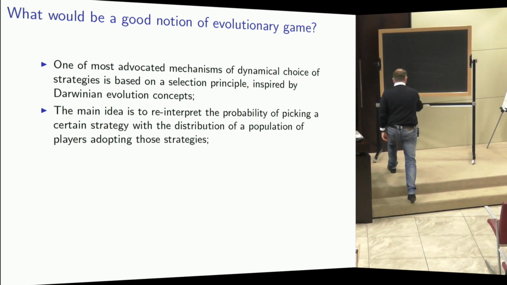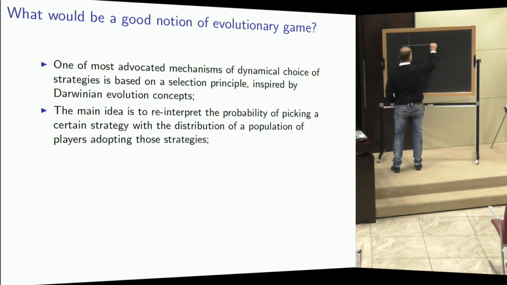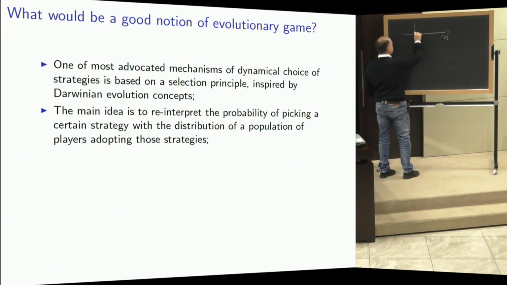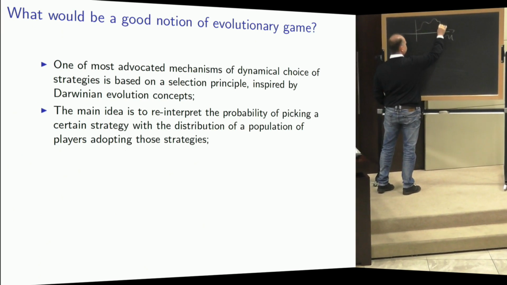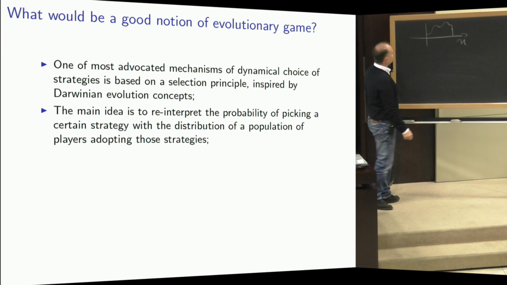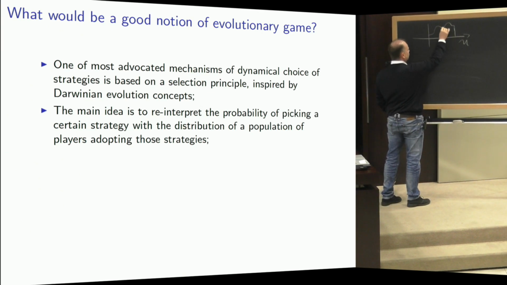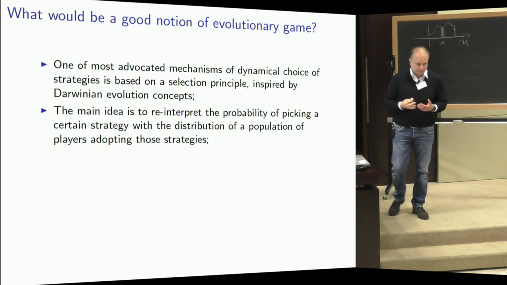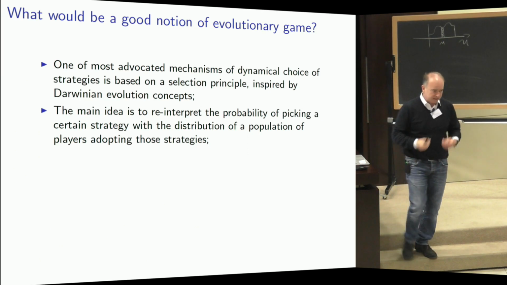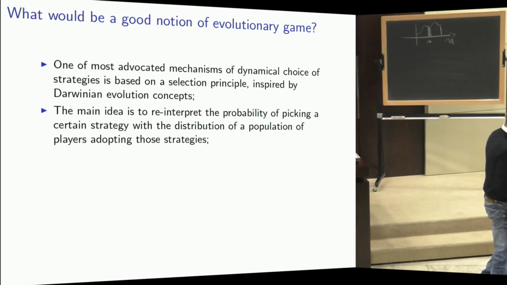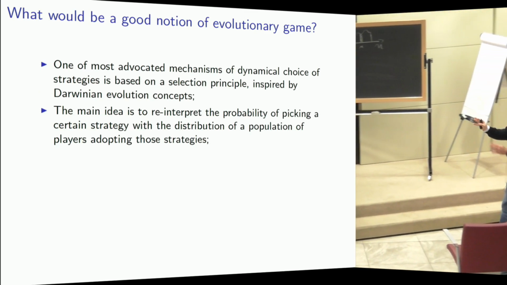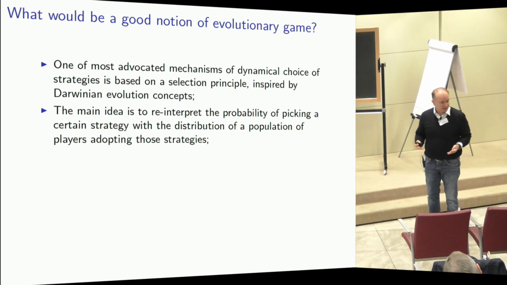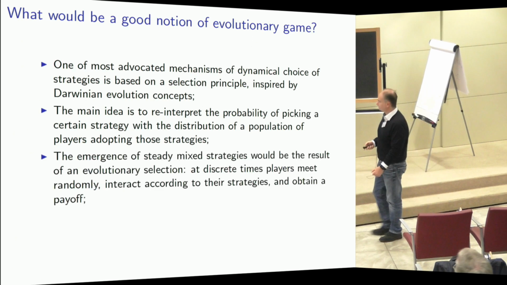So you have a space of strategies that you can pick, and a probability distribution over this set of strategies, and this represents the amount of population that is choosing a certain strategy U. So instead of considering it as the probability of choosing a certain strategy in your game, for us in this first part of the talk, it's more a population distributed over the strategy space.